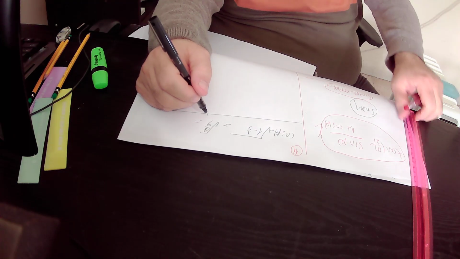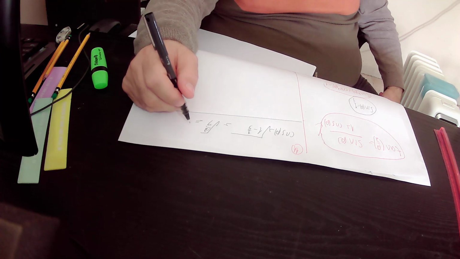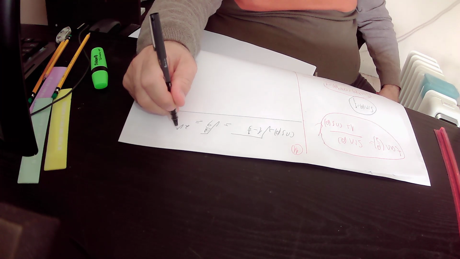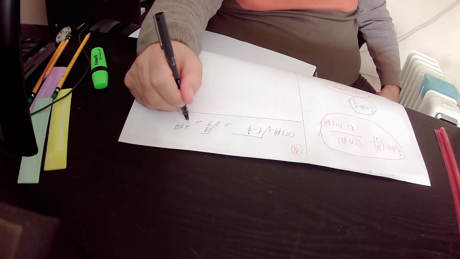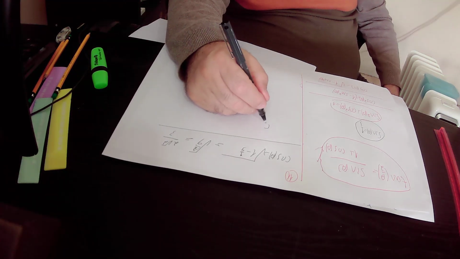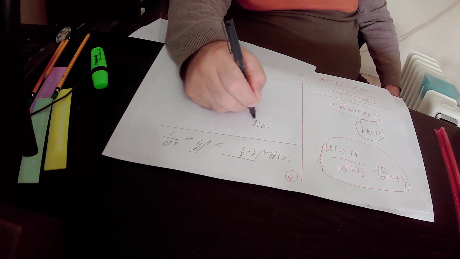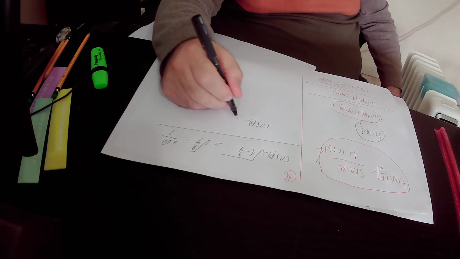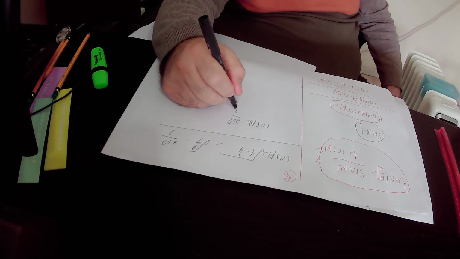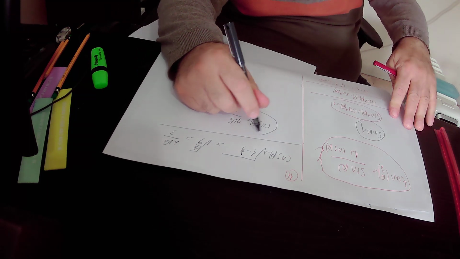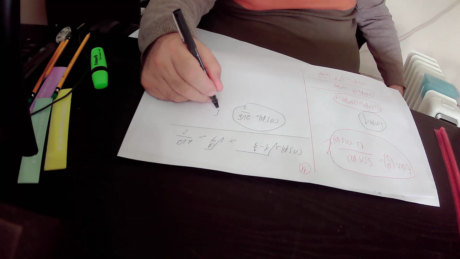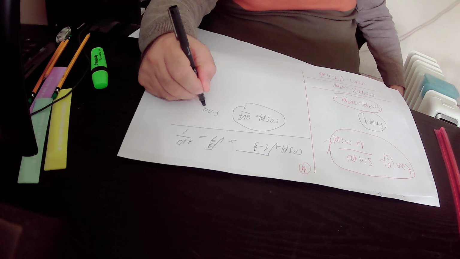The square root of 4 is 2, so the square root of 8 is 2 times square root of 2, and the square root of 9 is 3. So in conclusion, we found out that cosine theta equals 2 times square root of 2 over 3, and sine theta equals 1 over 3.